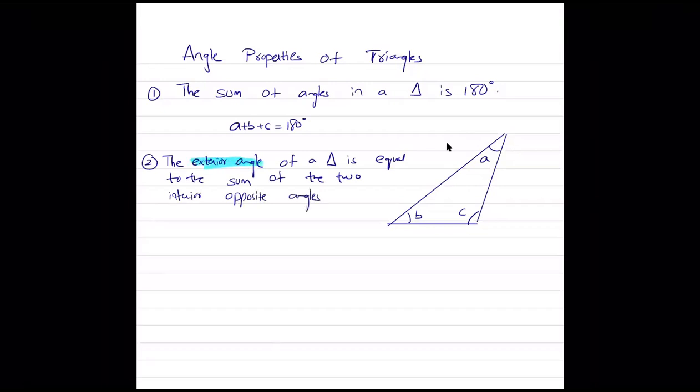Let me tell you where the exterior angle is. For example, if I extend this line, this is going to be the exterior angle of this triangle. Now this exterior angle, angle D, is going to be equal to the sum of the opposite interior angles. So what are the opposite interior angles? Angle A and angle B. So angle D must be equal to the sum of angle A and angle B.